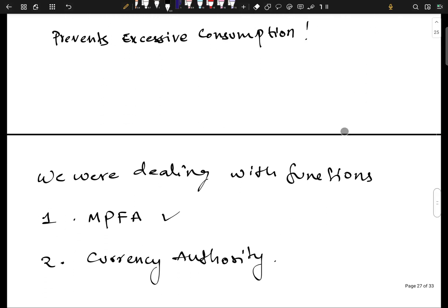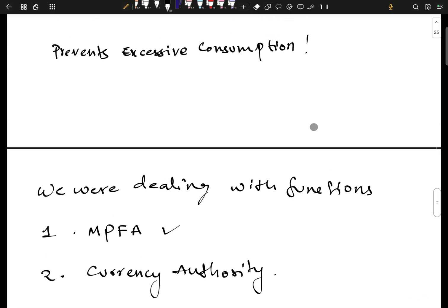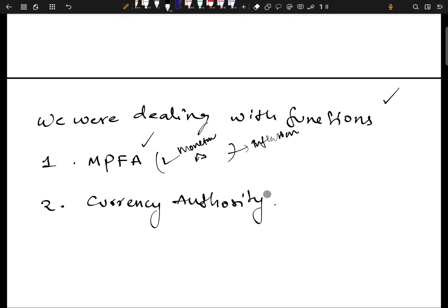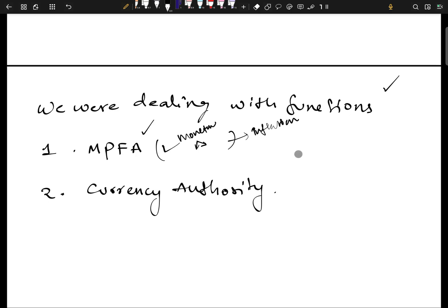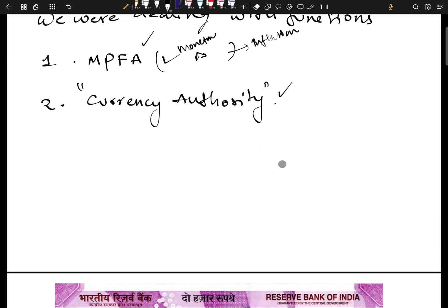Makes sense? Yes. So we were dealing with the functions of RBI. Number one function is controlling inflation. We've seen how RBI uses monetary tools, both qualitative and quantitative, to control inflation in the market, right? The next function of RBI is being a currency authority. That is, it mints and prints the currency in India, except 1 rupee notes and all coins.